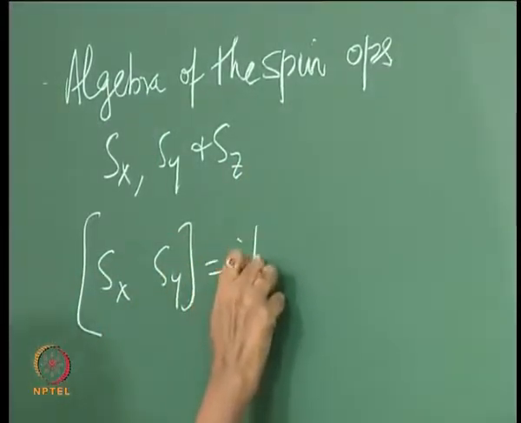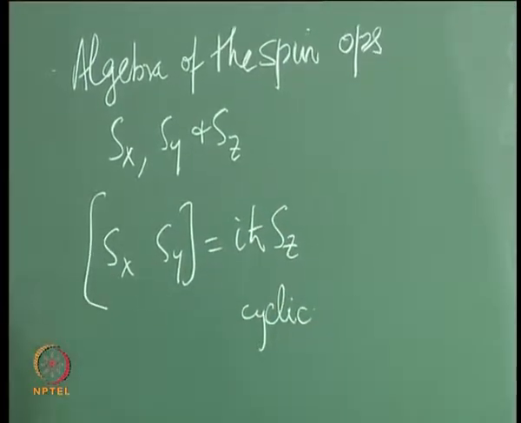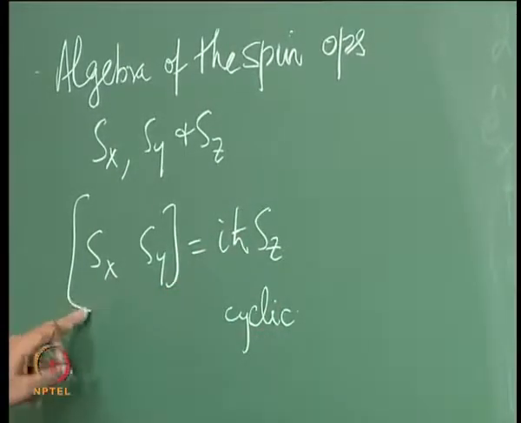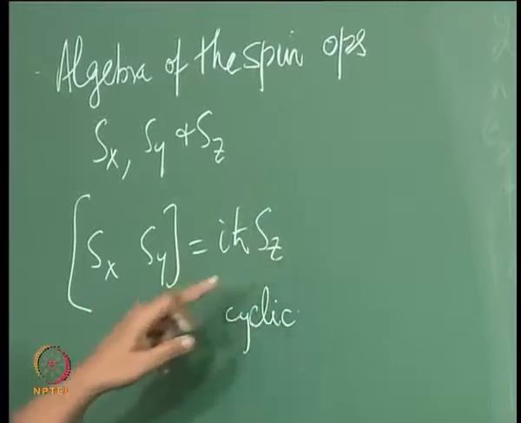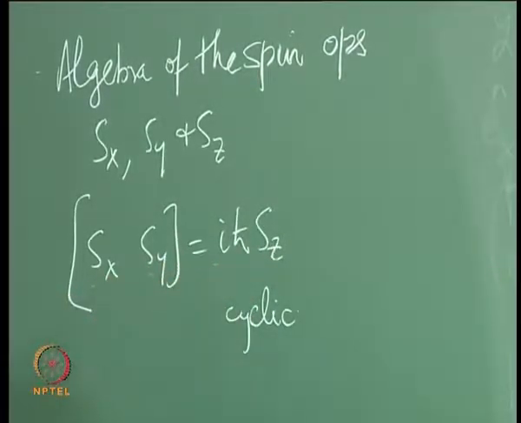And to remind you of the algebra, there is a cyclic relation like this. The commutator of Sx with Sy is i h cross Sz, Sz with Sx is i h cross Sy, and Sy with Sz is i h cross Sx.